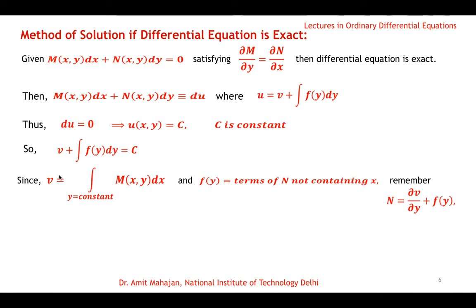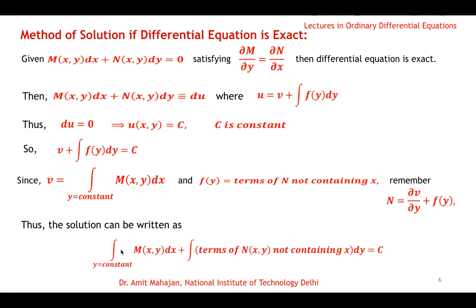So if I use these two here, then you can remember the solution of the differential equation directly as this. Whenever you have m dx plus n dy equal to 0 and it satisfies this condition, that means the differential equation must be exact, then you can write the solution directly as integral of m with x, treating y as constant. So we can integrate this m treating y as constant, and from this n we take only terms which do not contain x.